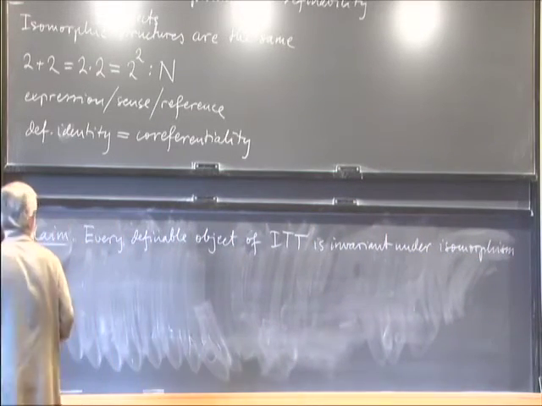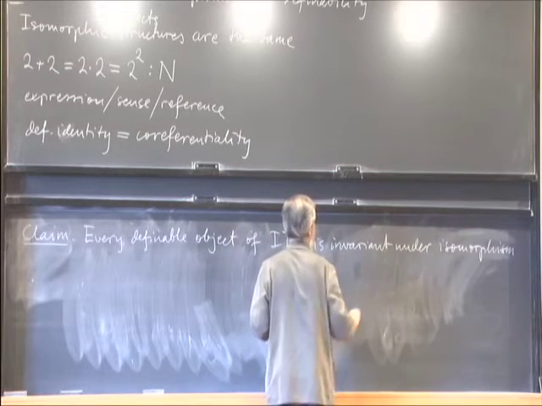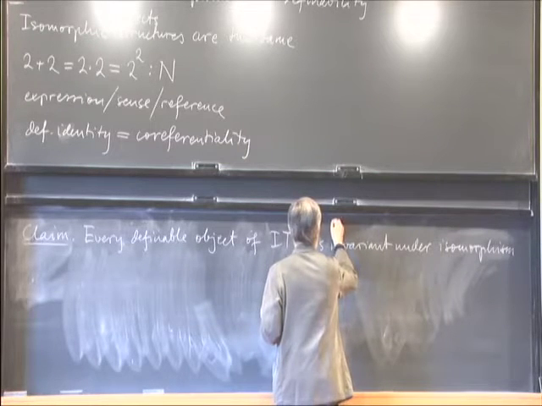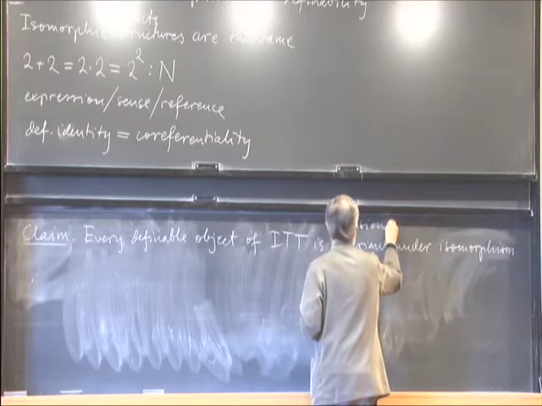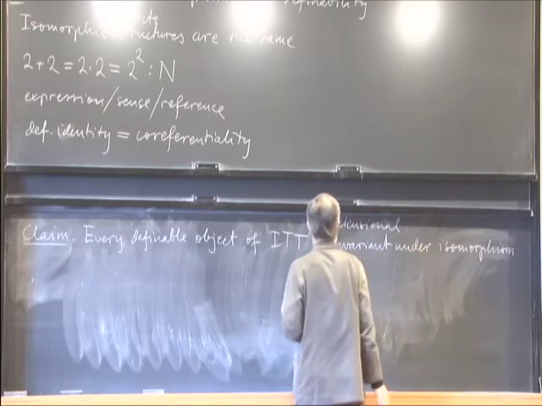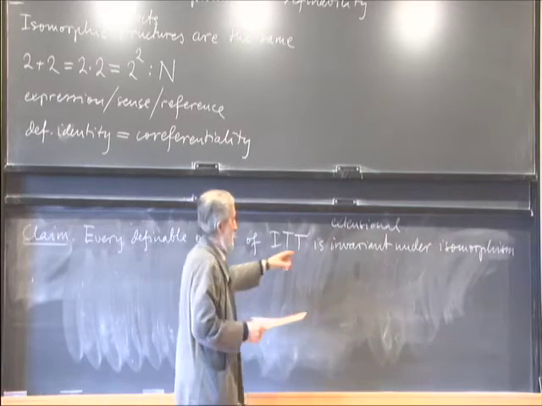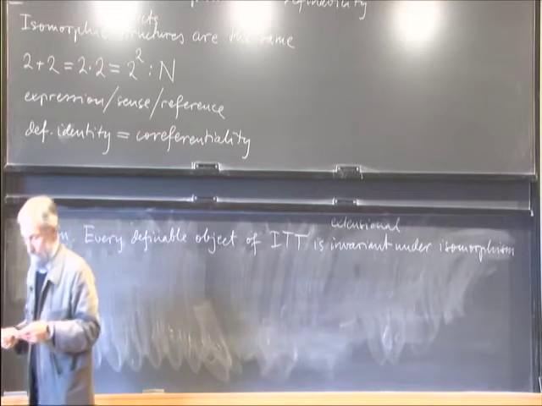So here the term invariant under isomorphism could be replaced by simply is extensional. Wouldn't make any difference. So extensional with respect to the various isomorphisms that you have between objects of different kind.